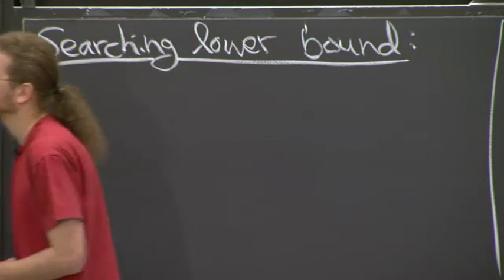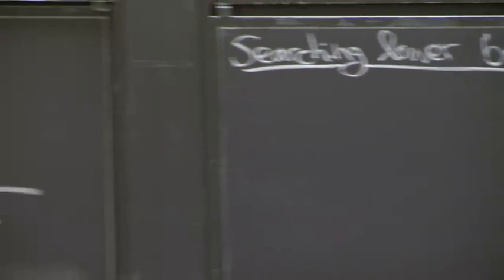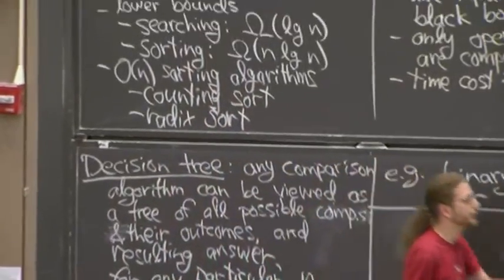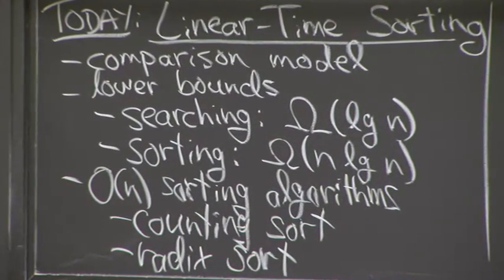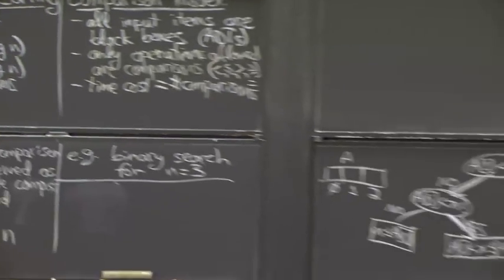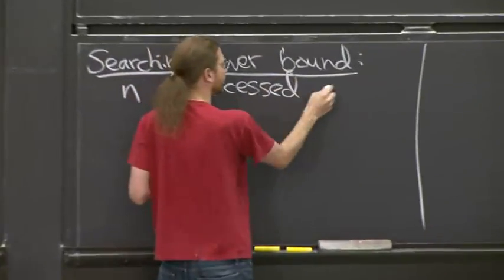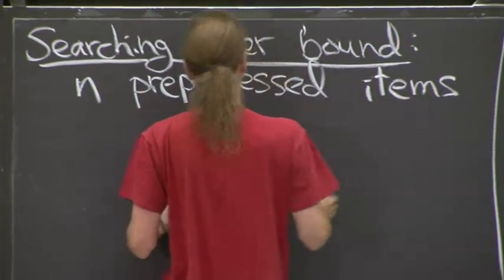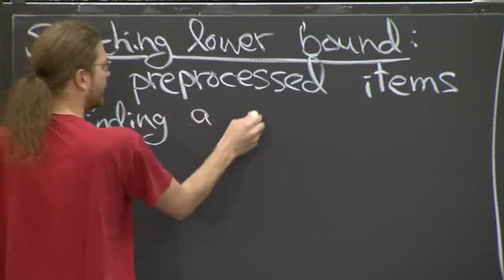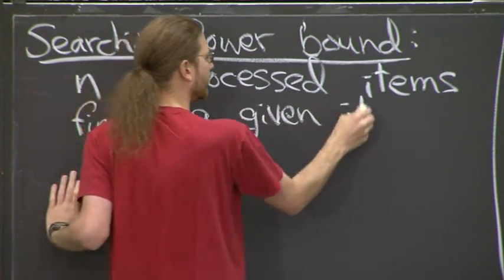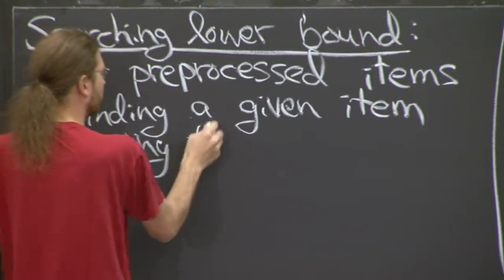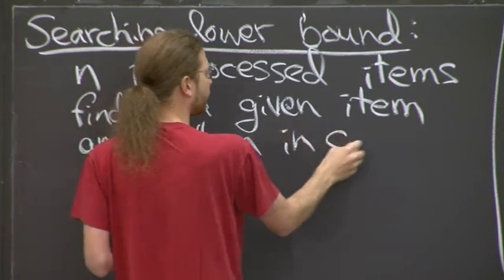So I claim that for searching, maybe I should define the problem a little more formally. I want to claim a log n lower bound. So let's say for searching, I have n pre-processed items. Then finding a given item among them in the comparison model.